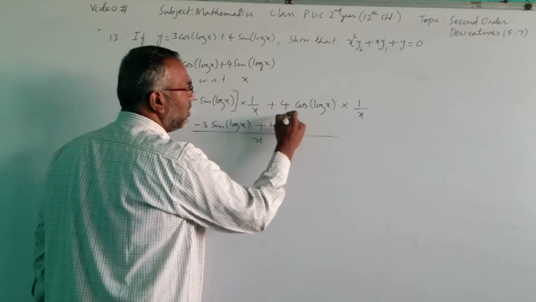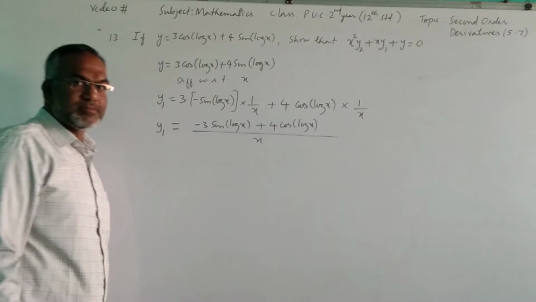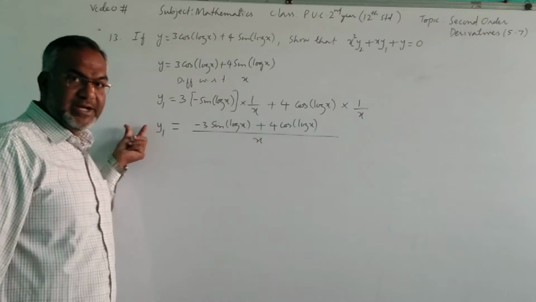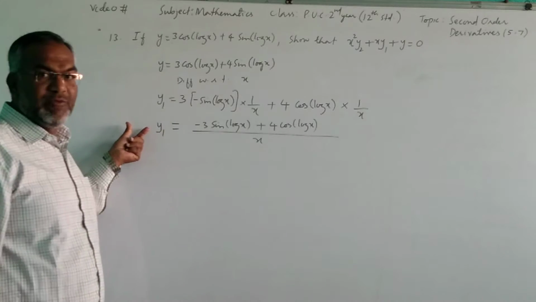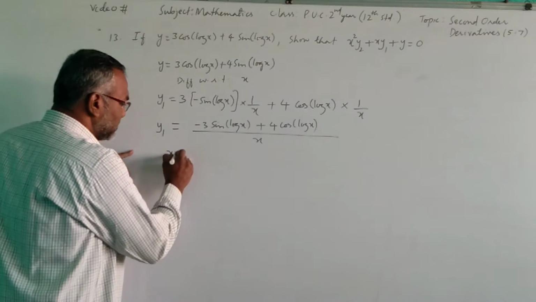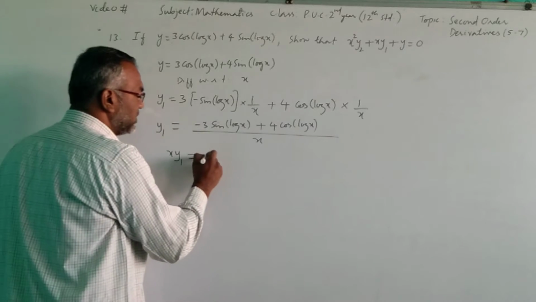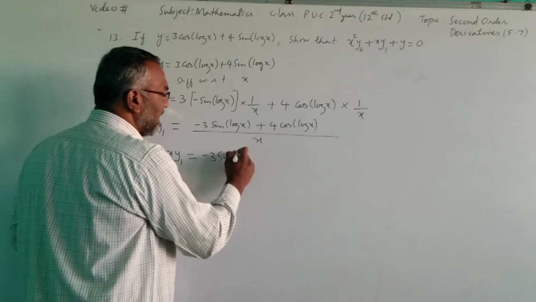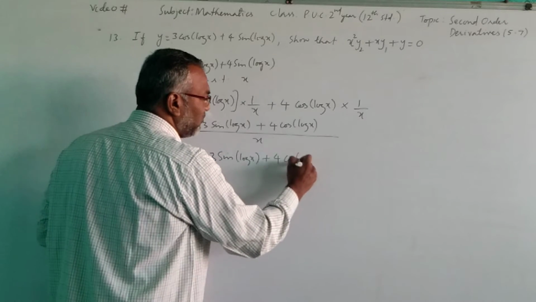It becomes 4 cos of log x. Right? Now take this x here. Transfer this x to LHS, it will multiply with y1, right? So it becomes xy1 is equal to minus 3 sin of log x plus 4 cos of log x.